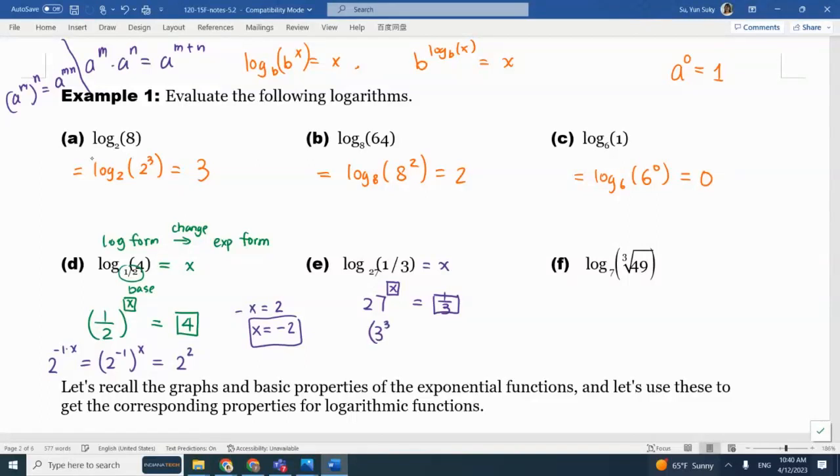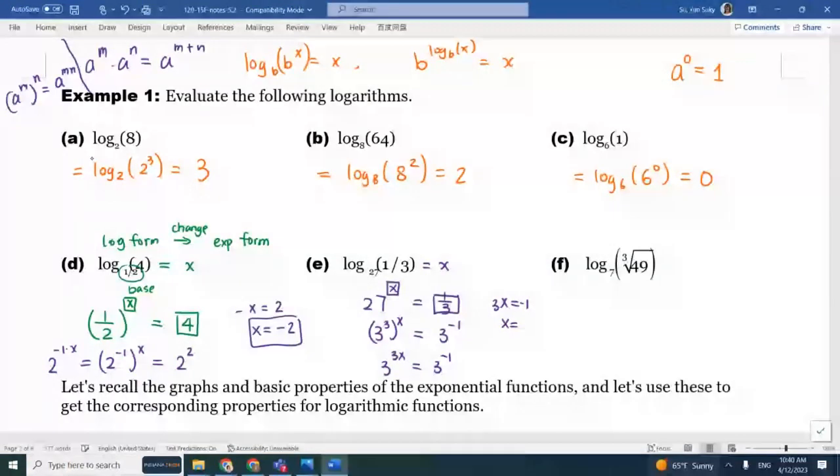So 3 cubed to the x equals, what is 1/3? Yes. What do you do to the left? Multiply together. Now, do you see they have the same base? Yes. So, 3x equals minus 1.